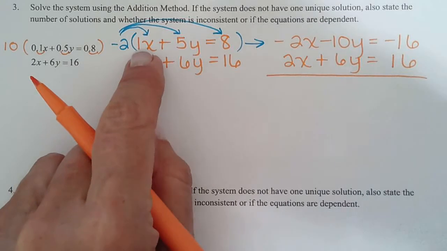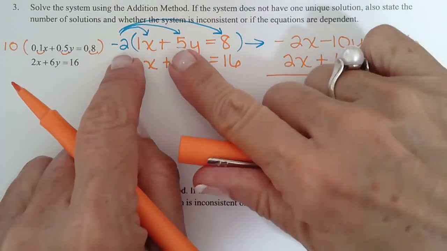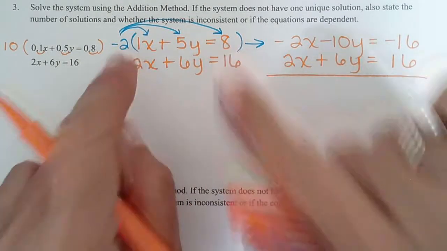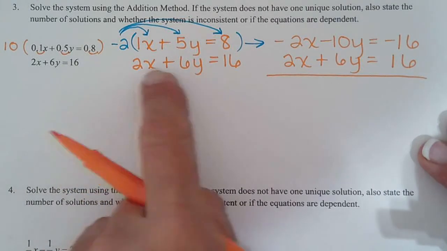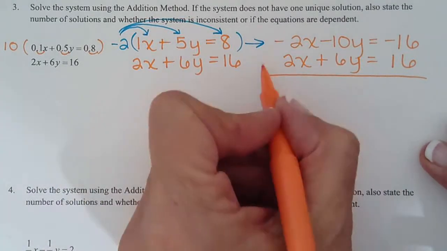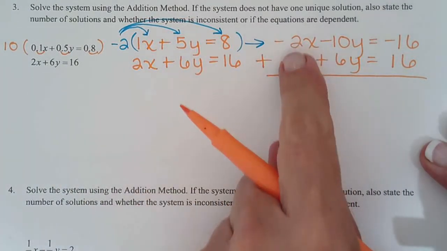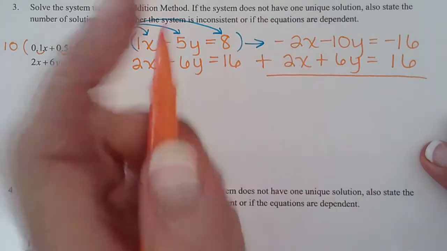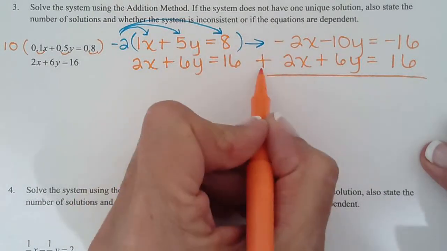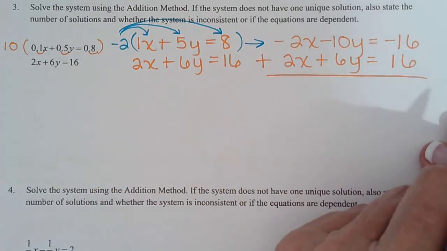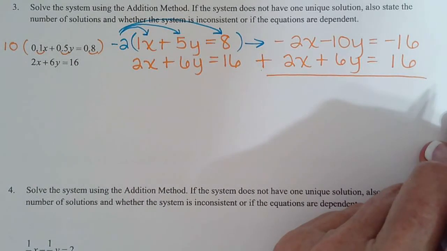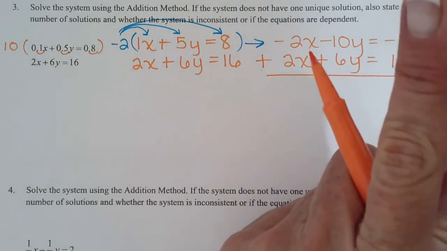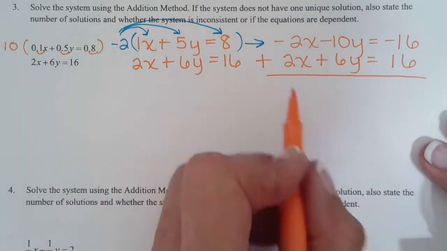So negative 2x, negative 10y, negative 16. And then this one stays the same. Because I see that there's opposites, that means I can add my addition sign and start adding. I can never add the two equations together until I have opposites, but I do.